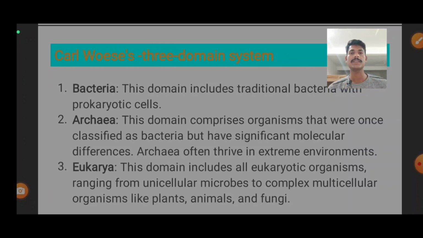The first domain he classified is bacteria. In this category, only organisms containing prokaryotic cells are classified. The primitive bacteria are classified in the next category, that's archaea, but the normal bacteria are classified into the bacteria domain.